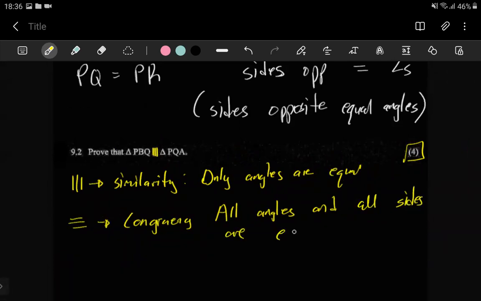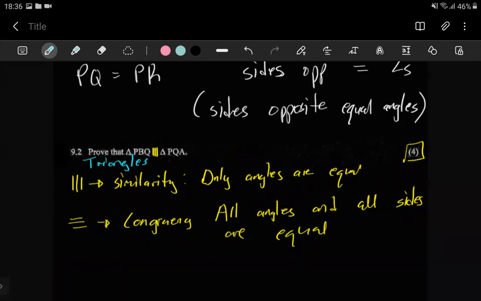This is when you're referring to triangles. When you say the triangles are similar, it means that only the angles are equal. For congruency, it's all the angles and all the sides.